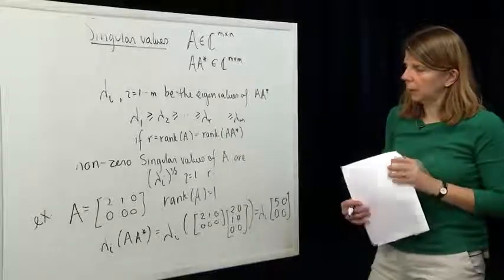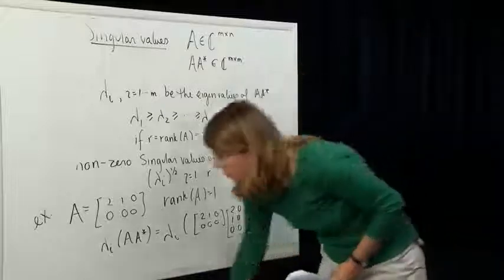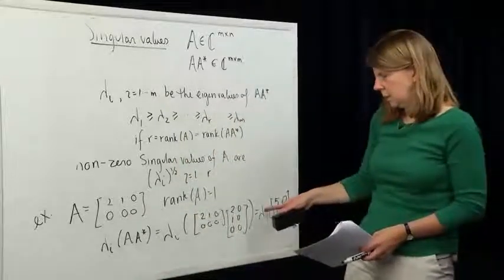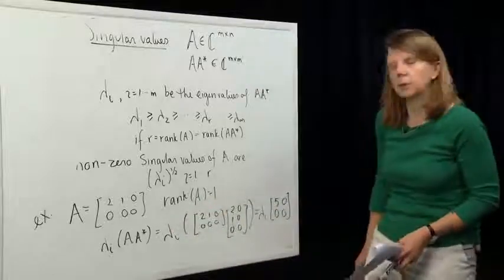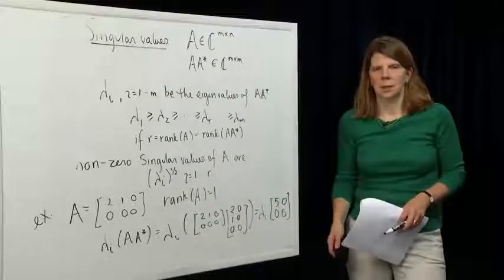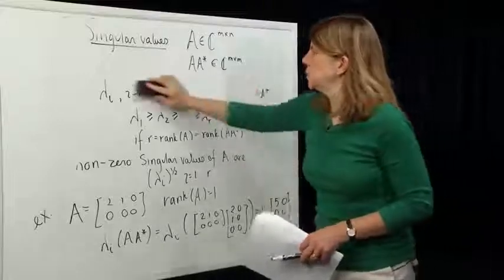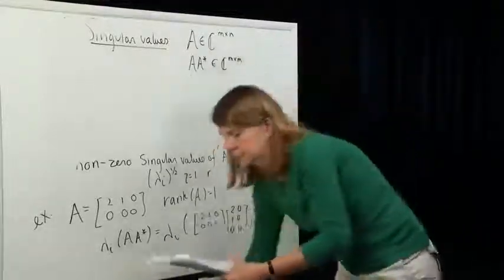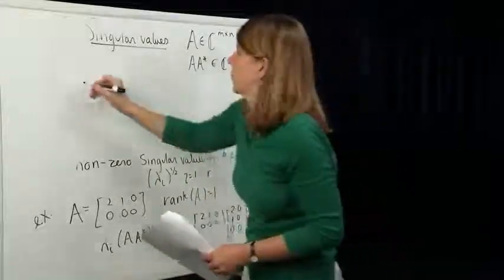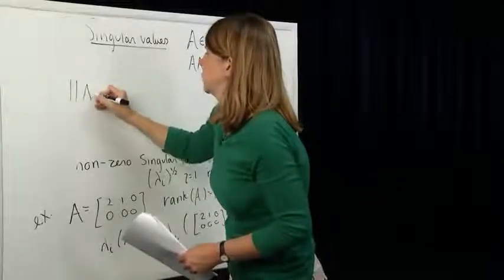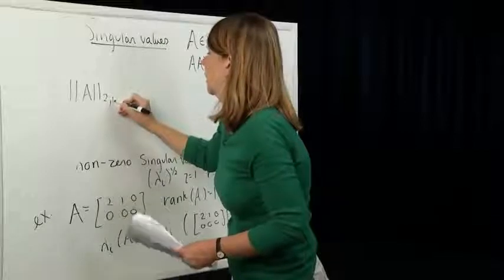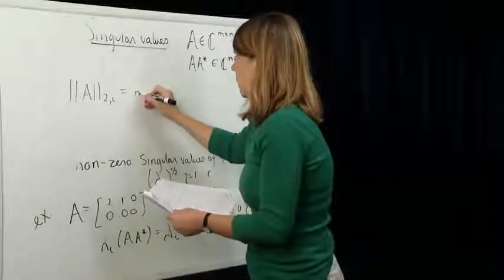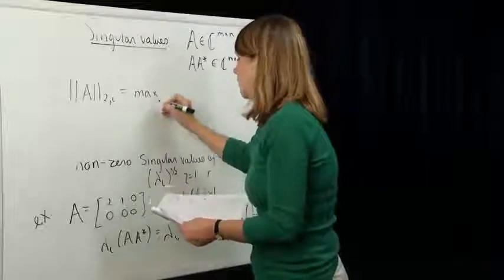So how could we use this? Well, we've seen something like this before when we were talking about induced norms. In particular, the induced 2 norm, if we remember, of a matrix is equal to, we stated what it was.